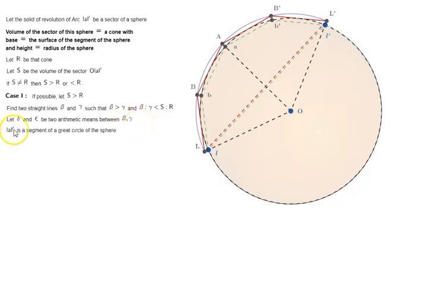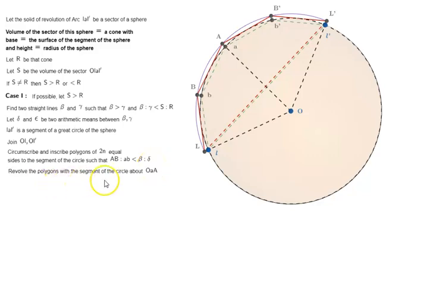Now, LAL prime is a segment of a great circle of the sphere. Join OL and OL prime. Circumscribe and inscribe polygons of 2n equal sides to the segment of the circle such that AB is to AB prime is less than beta is to delta.